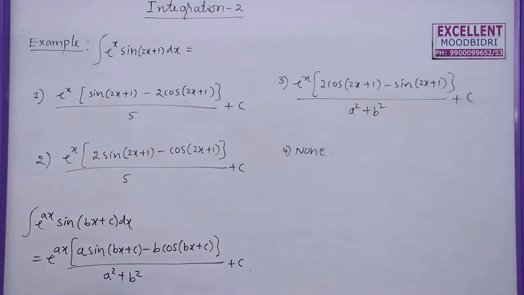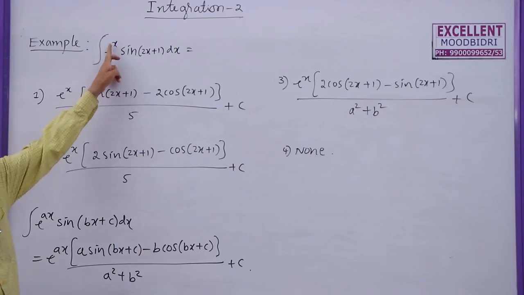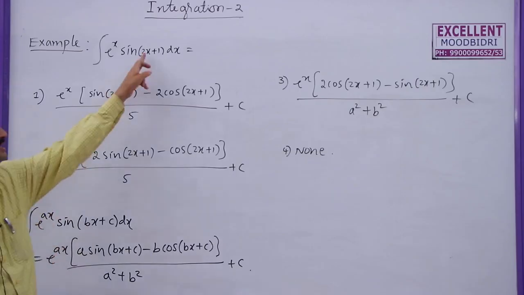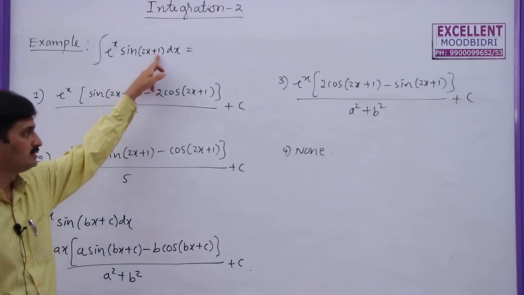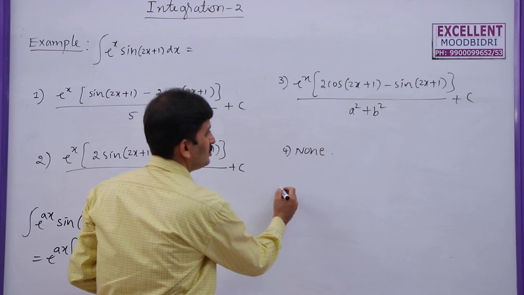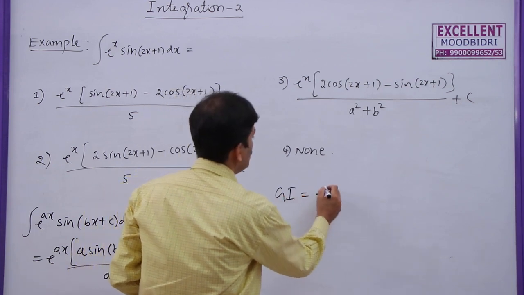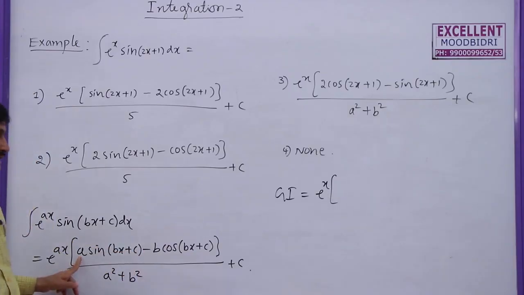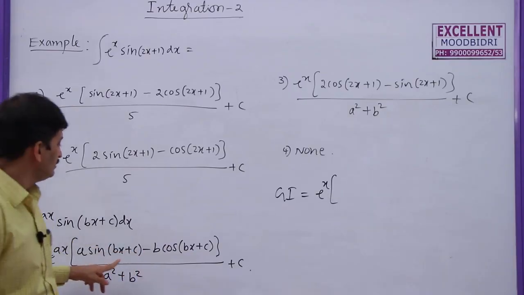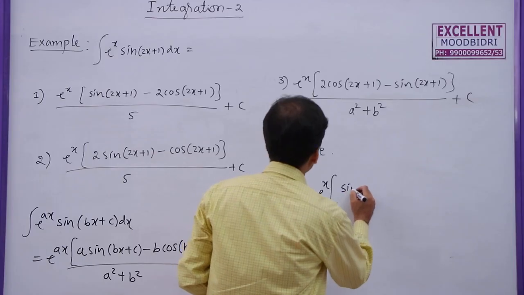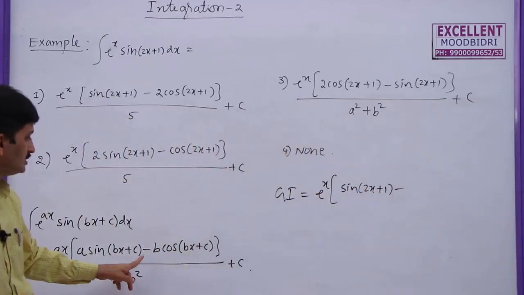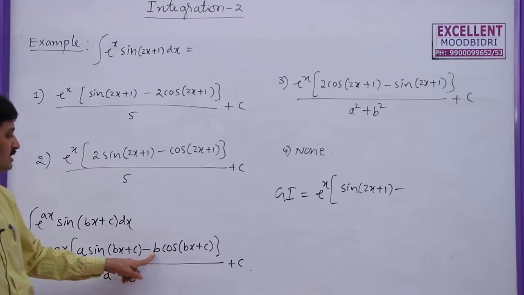Now use this formula here. E power x, x means 1x, so in place of a you have 1. In place of bx plus c you have 2x plus 1. So what should be the answer? The given integral equals e power x into 1 into sin of 2x plus 1 minus b into, what is the value of b here?